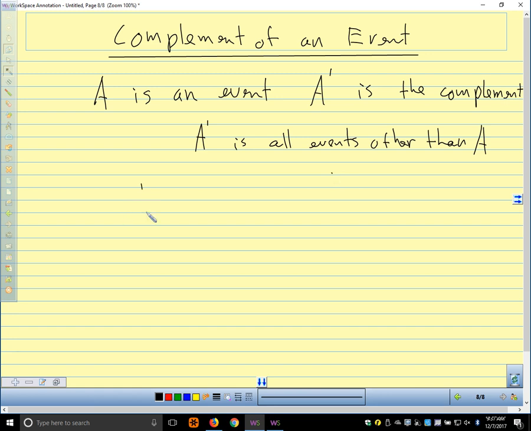And the probability of an event plus the probability of its complement. So the probability of one particular thing happening, and the probability of all the other things that could possibly happen, what would those have to add up to? 1. Or we can rearrange this.